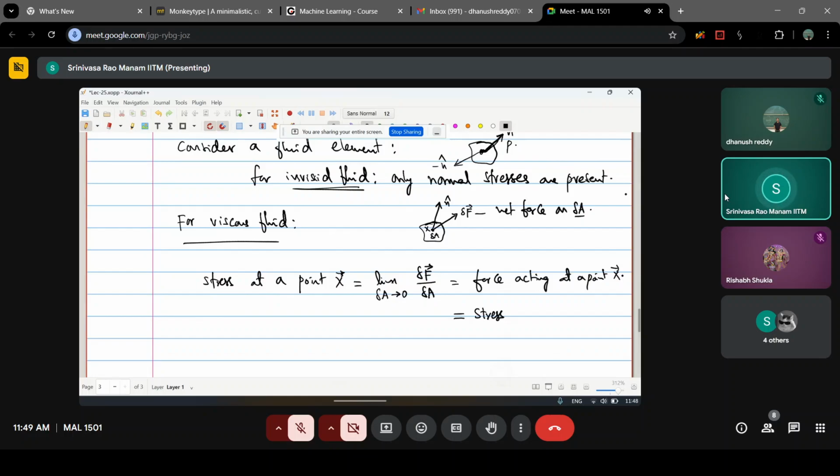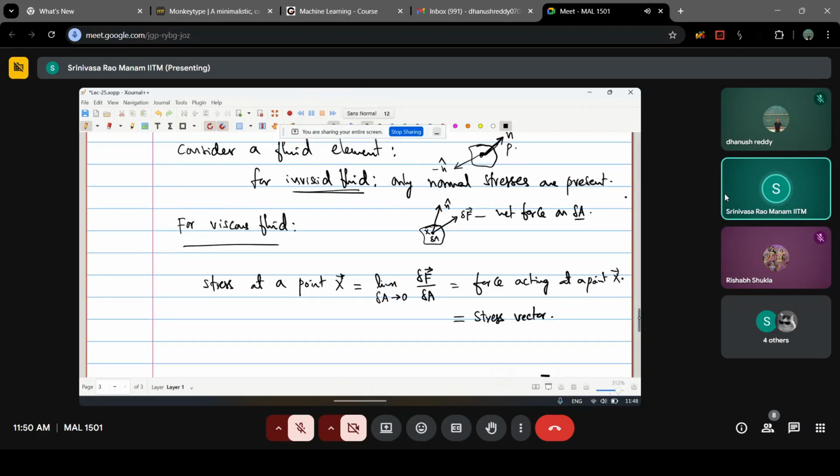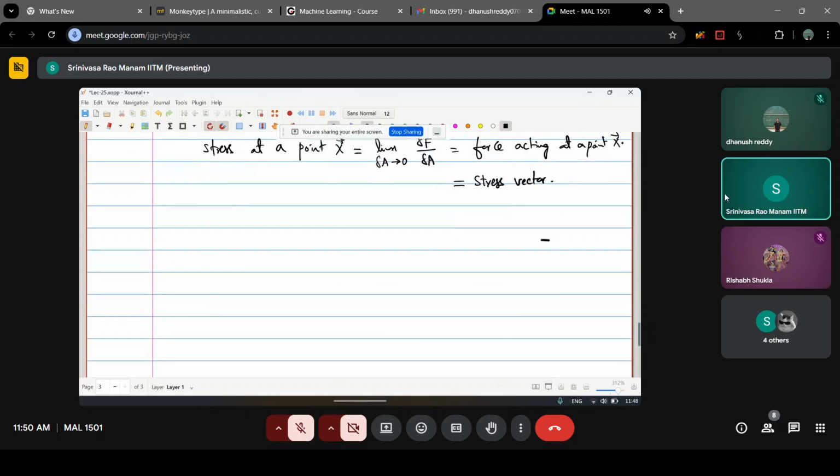It may have horizontal stresses, normal stresses, everything. Because force is a vector, this is your stress vector. Let's call this sigma. Sigma is a vector.